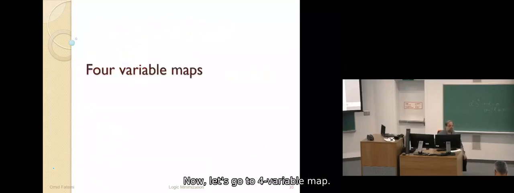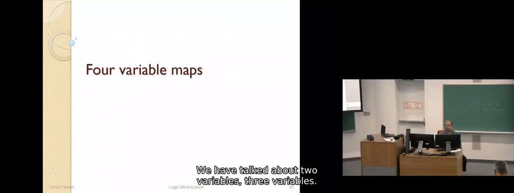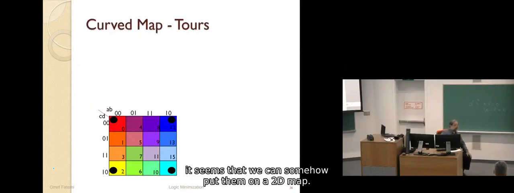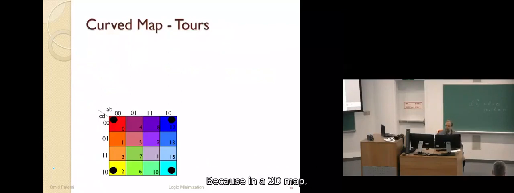Now let's go to the 4-variable map. We have talked about 2-variable and 3-variable. Again, in a 4-variable map, it seems that we can somehow put them on a 2D map, because in a 2D map, you can put not more than 2 variables either horizontally or vertically.